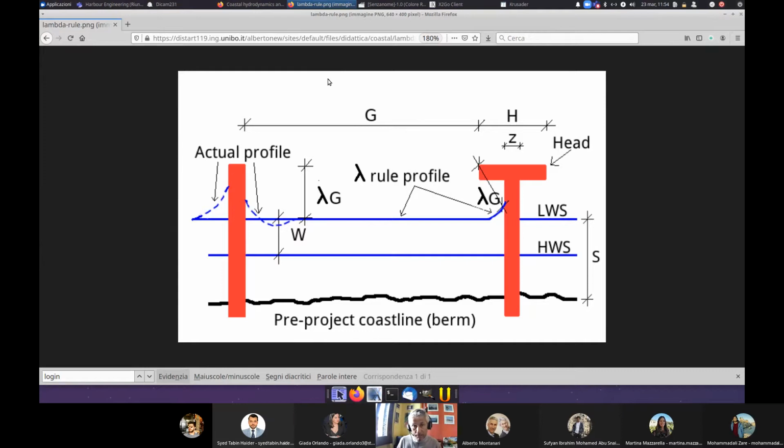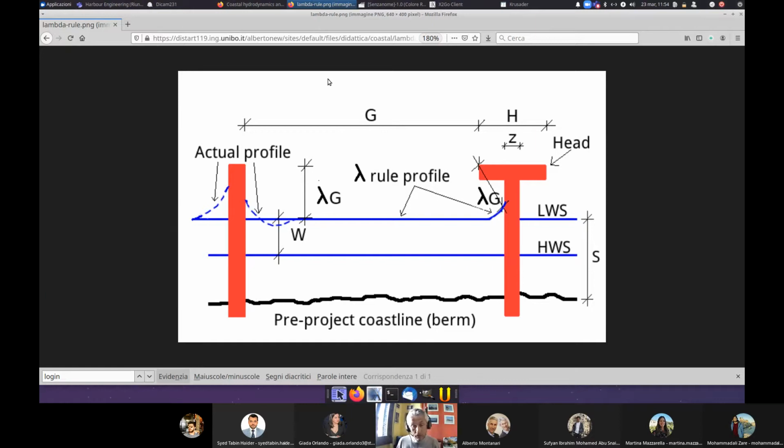If you have a very steep beach, W is not very large. But here the main message is that you can estimate the position of the new low water shoreline at the distance lambda G from the head of the groin.